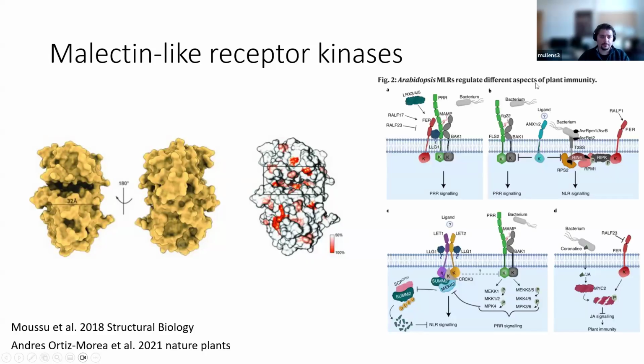And these lectin-like receptor kinases have been characterized in other plants to have roles in various parts of immune responses, including PTI and ETI sort of responses.